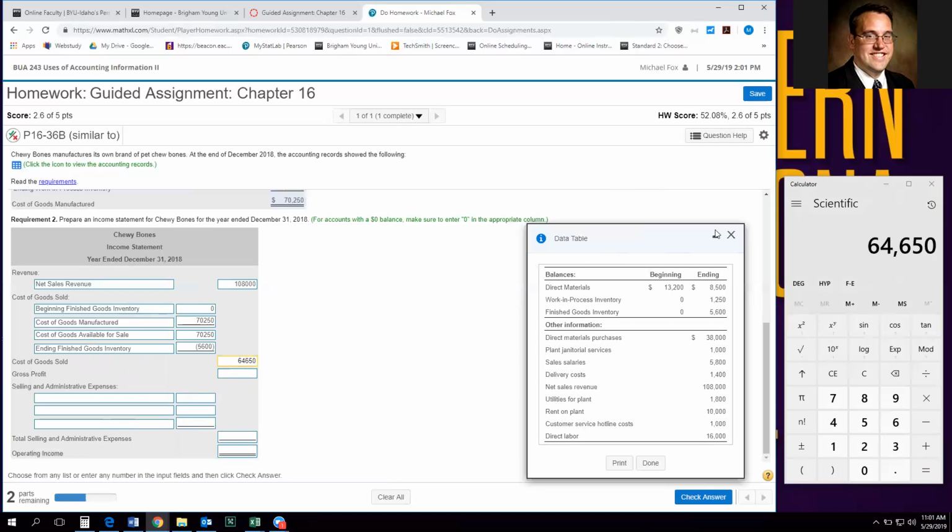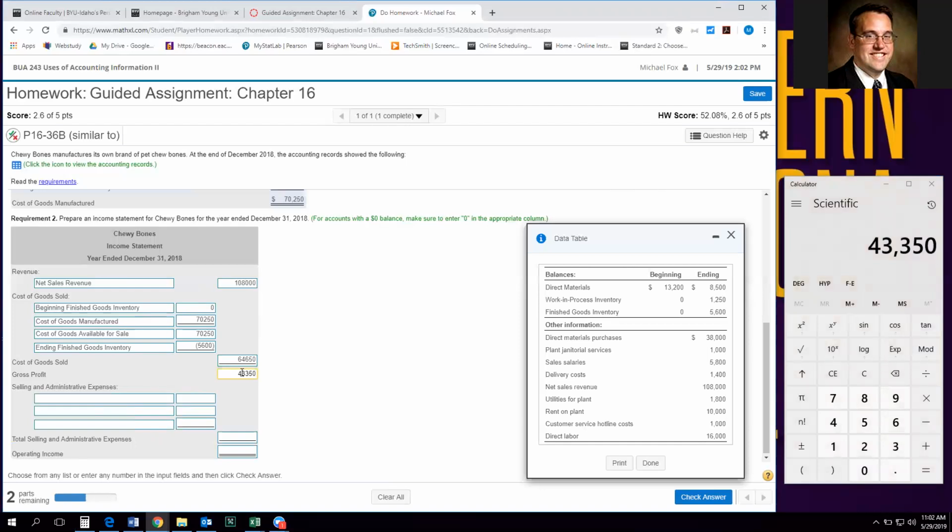So our gross profit is just our sales revenue minus our cost of goods sold. Oops, something went weird there. I'll figure it out in a minute. There we go. 108,000 minus 64,650 is 43,350.